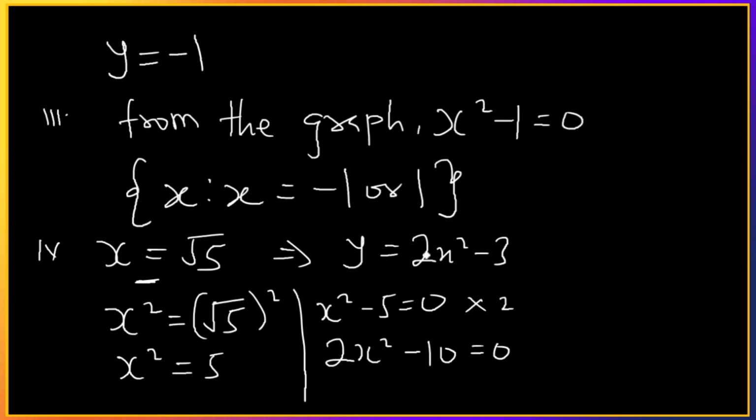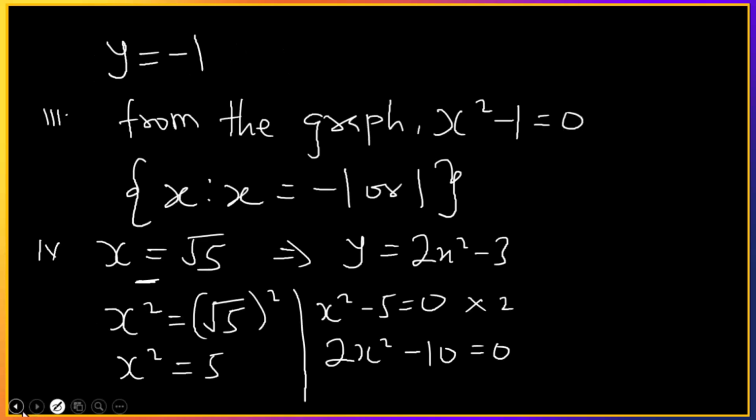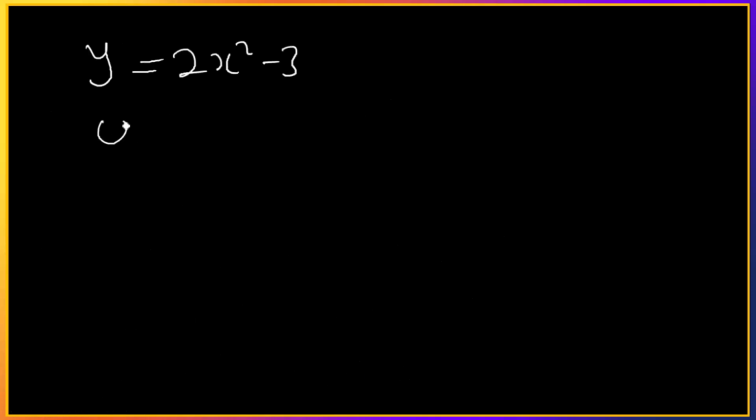Now we compare to our given relation. So y equals 2x squared minus 3, and then 2x squared minus 10 equals 0, or 0 equals 2x squared minus 10.